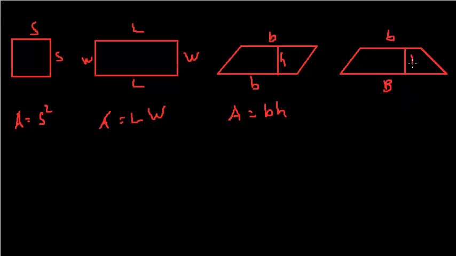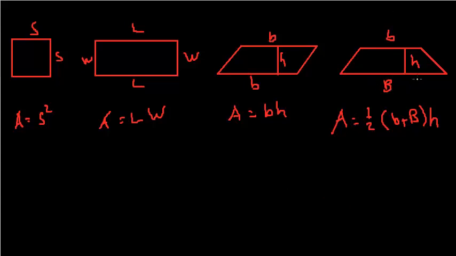Again, we'll call that H. The area of a trapezoid is 1/2 the little base plus the big base, multiplied by the height. These are our formulas for our quadrilaterals, the most complicated of which being our trapezoid.